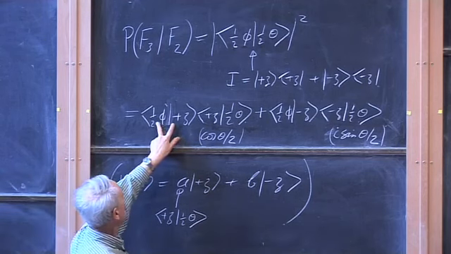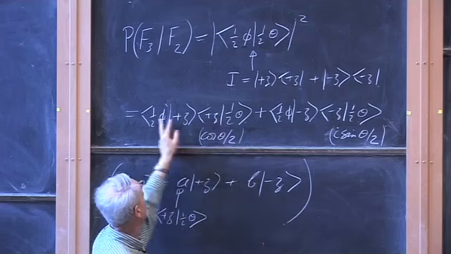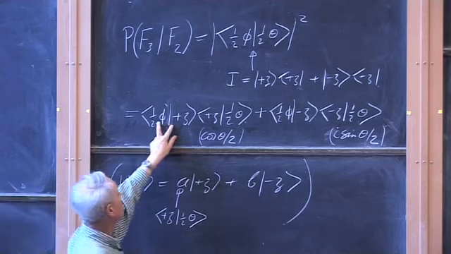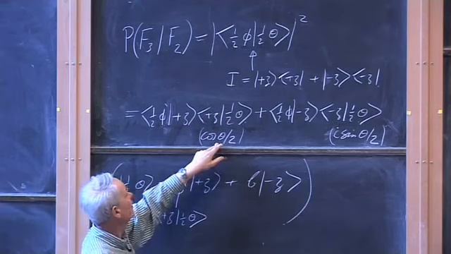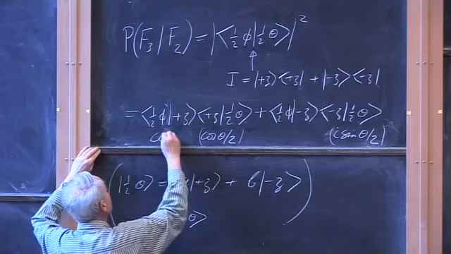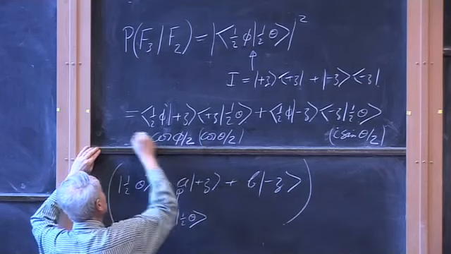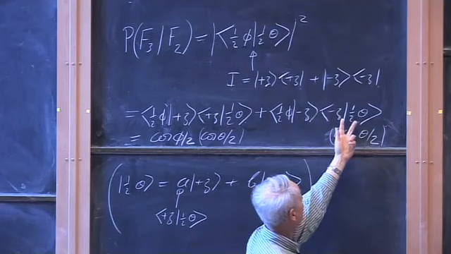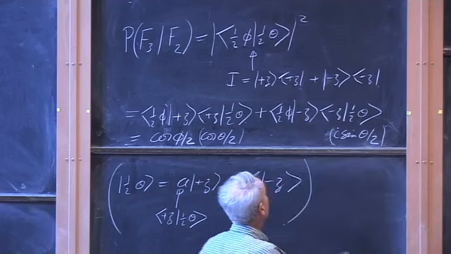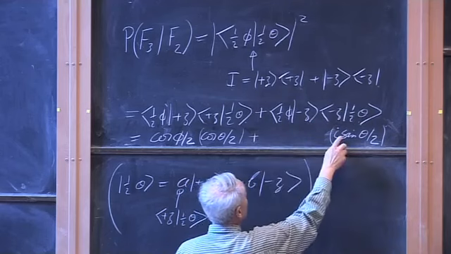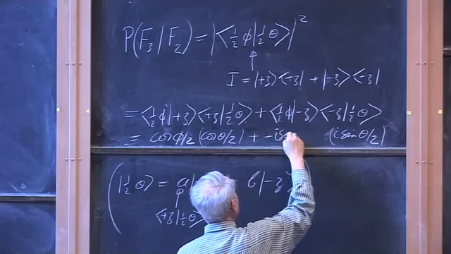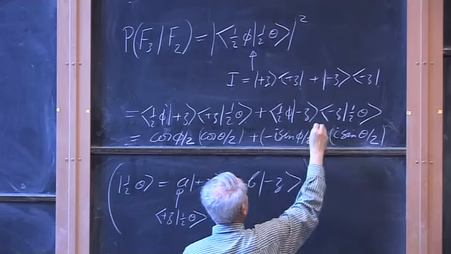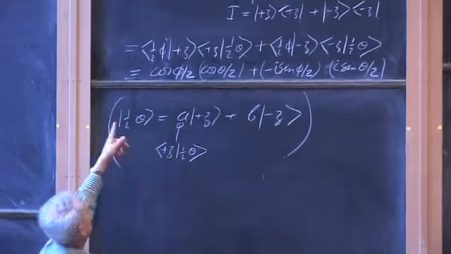The complex conjugate of this is essentially the same as that, with theta replaced by phi. This is in fact real, so this is going to be cos phi over 2. Similarly, the complex conjugate of this is the same as that with theta replaced by phi. So I now have to write down the complex conjugate of that, which is minus i sine phi over 2. So that's what that comes to.